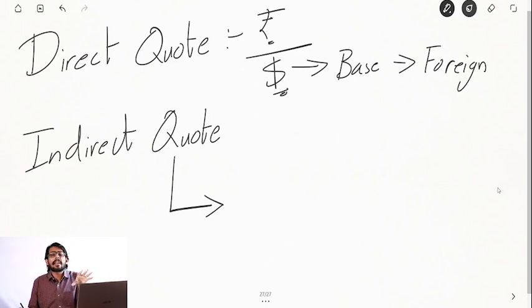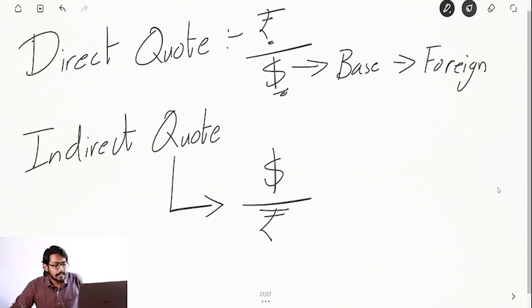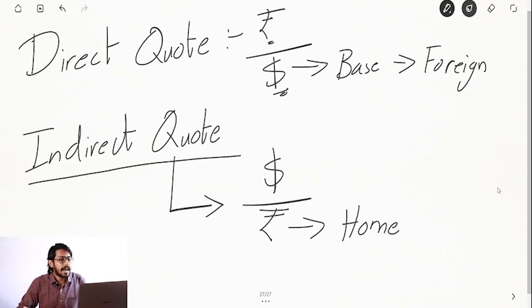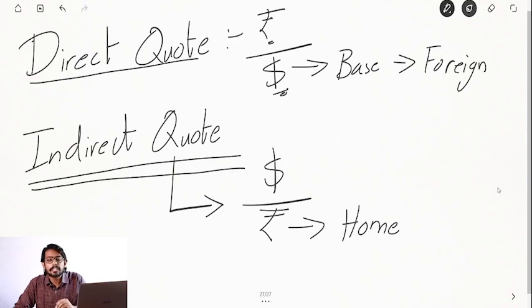If you go to the bank and the banker tells you for 1 rupee, you will get so many dollars, the base currency is home currency. This is an indirect quote. In a direct quote, the base currency is foreign currency. In an indirect quote, the base currency is home currency.